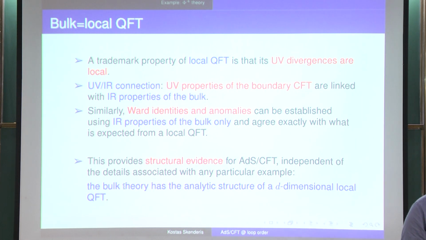Of course, it is true that in the beginning people found evidence by looking at supersymmetric theories. But the fact that the bulk theory describes a local quantum field theory is already evident from what I told you here, because you wouldn't expect a generic theory to have a local property in its infinities. So the bulk has the analytic structure of a d-dimensional quantum field theory.